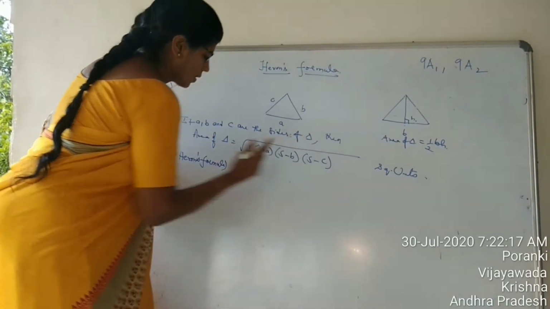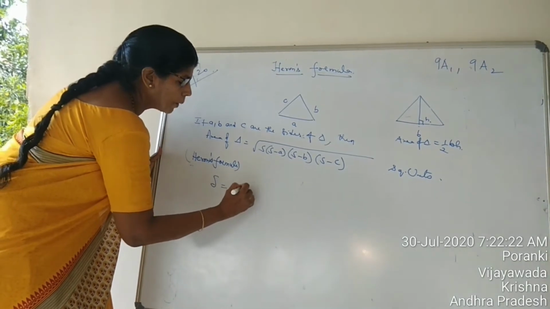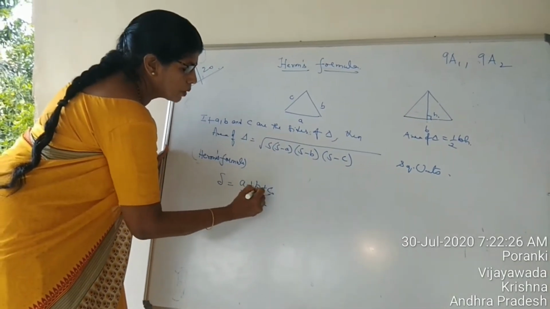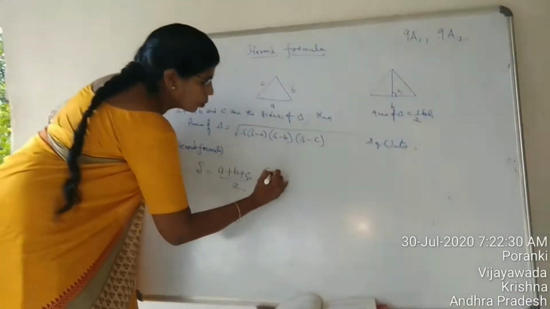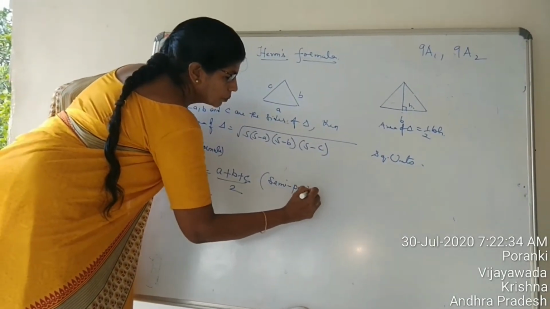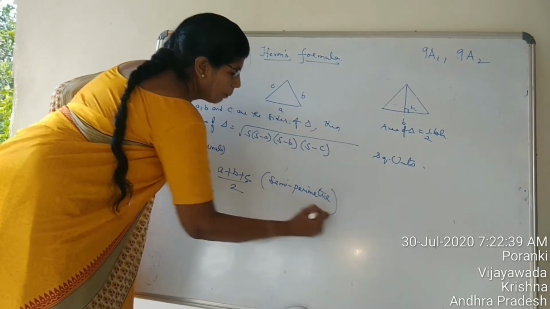Yes, what are A, B and C? The sides. And S stands for semi-perimeter. What is A plus B plus C? Perimeter. Perimeter by 2 is what? Semi-perimeter. S stands for what, children?